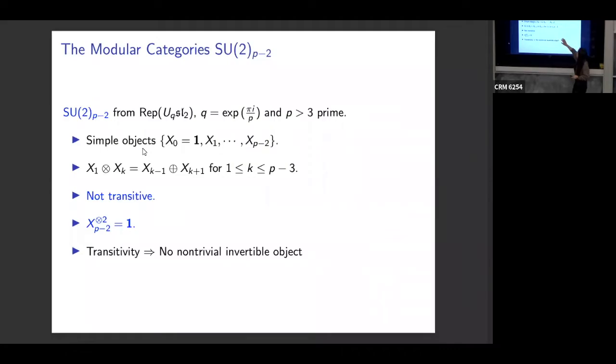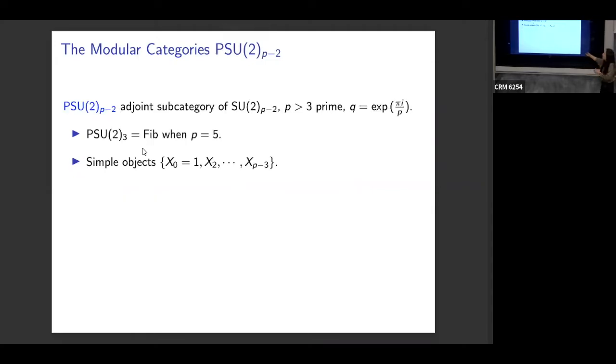For SU(2) level k, SU(2) level p-2, if you look at the fusion rules, there is a Z2 grading. In particular, this simple object belongs to the non-trivial grading, so that's how we throw it away. Basically, we take the adjoint subcategory of SU(2) level p-2. That gives us PSU(2) at this level, and Fibonacci is an example corresponding to p equals 5.